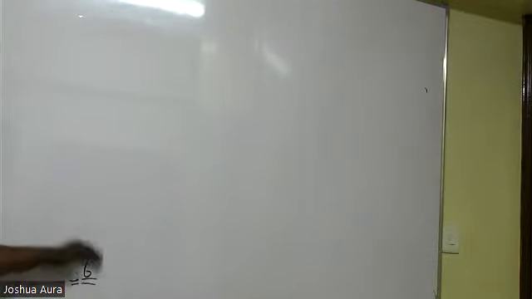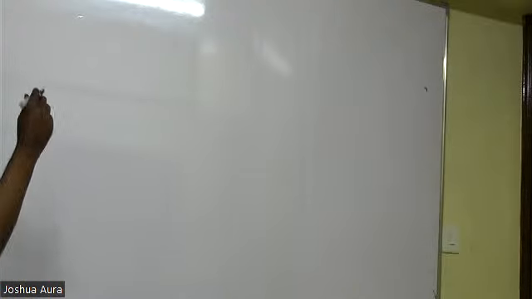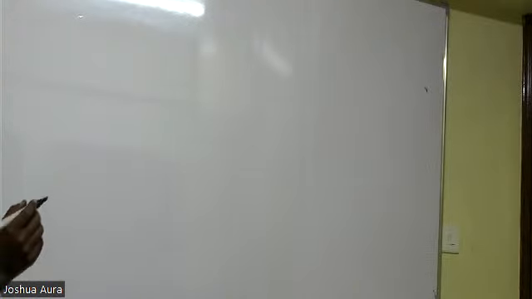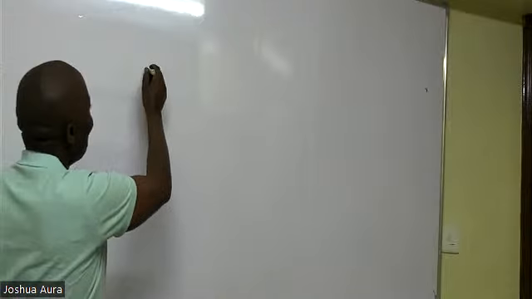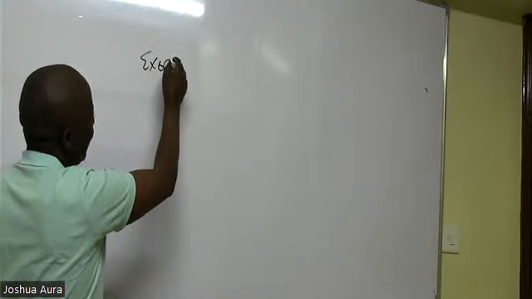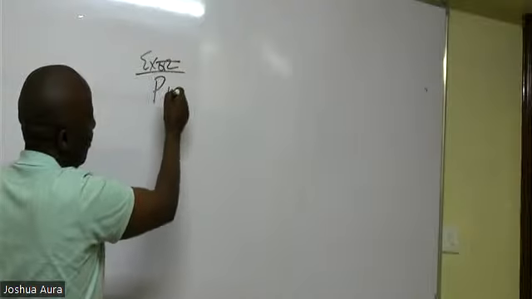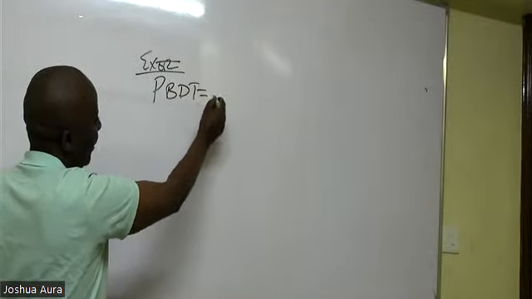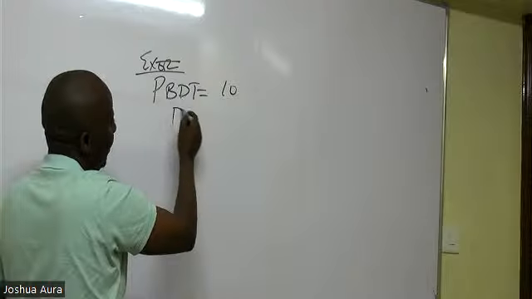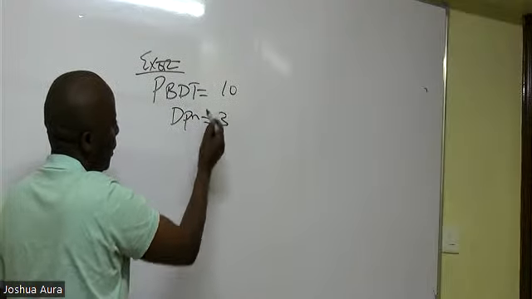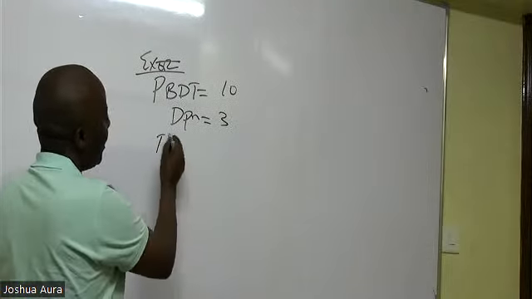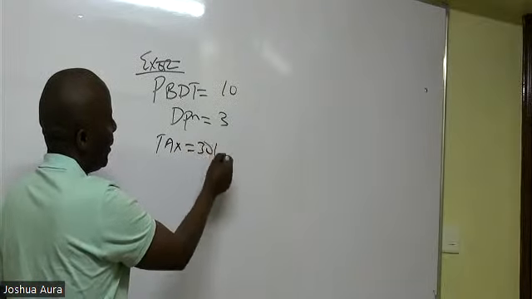Now I want us to look a little here. Ladies and gentlemen, if, for example, you are given this profit, these are basically exercises to help you. You are given profit before depreciation and tax of, say, 10, and then they give you depreciation of, say, 3, and tax is 30%.